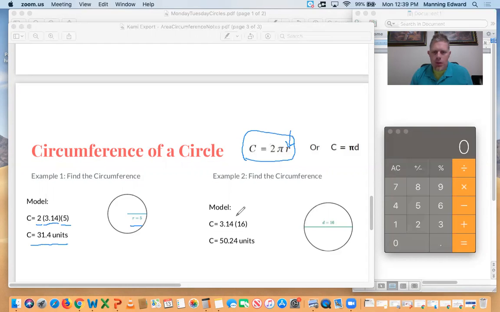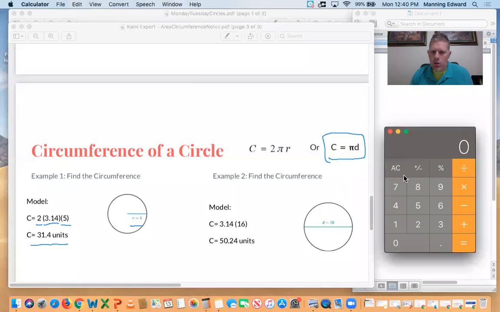All right, find the circumference. So we got the diameter. This time, it makes it a little easier because I don't got to times it by 2 now. I already have the diameter. But remember, I can use this formula as well. So if I use that one, then I can just do 3.14 times 16.